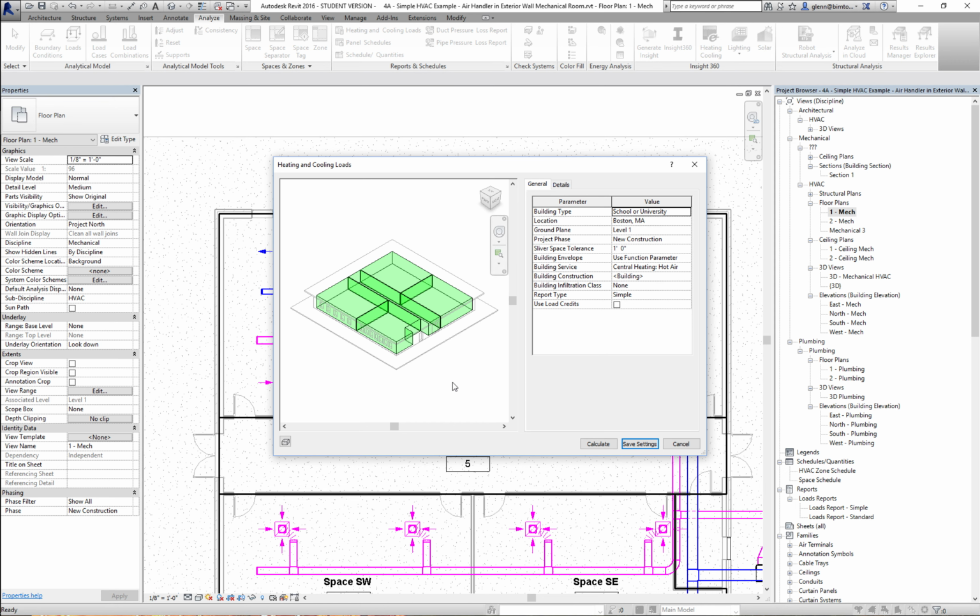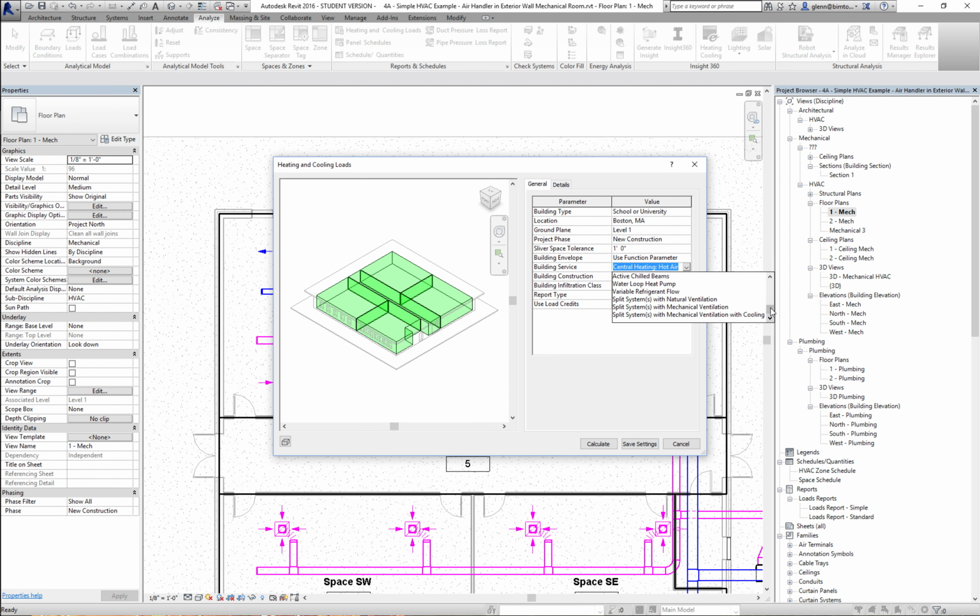Okay. We have an overall occupancy. That's going to be overridden by the local consideration of what we said for the individual spaces. Then we have a location like Boston, Mass, or Palo Alto, whatever you want. We have some basic idea of what our building service is going to be, whether it's going to be a radiant floor, a hot air system, a VAV system.